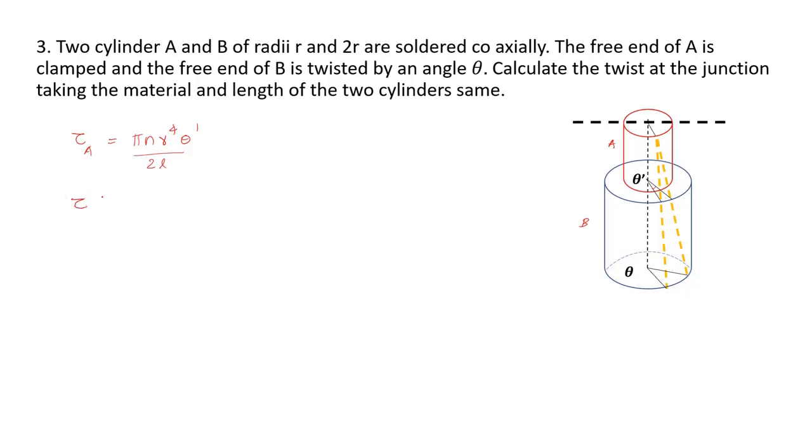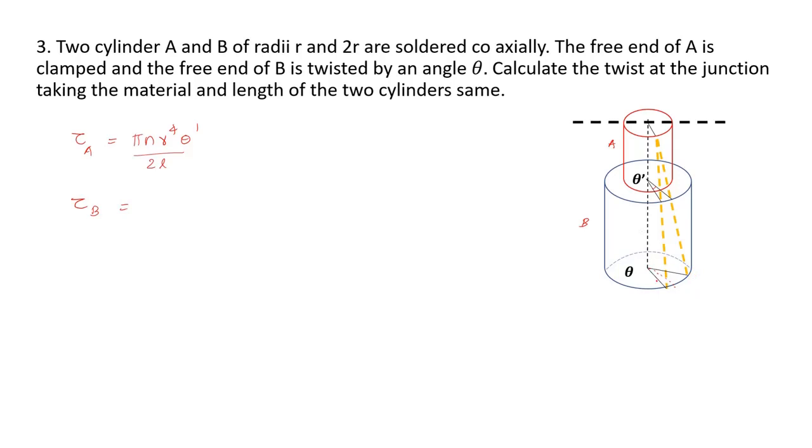Now, let us find the torsional couple for the cylinder B. The cylinder B is twisted not from 0 to theta dash, but from theta dash to theta, because up to theta dash the first cylinder has twisted and the further twisting happens in this cylinder.